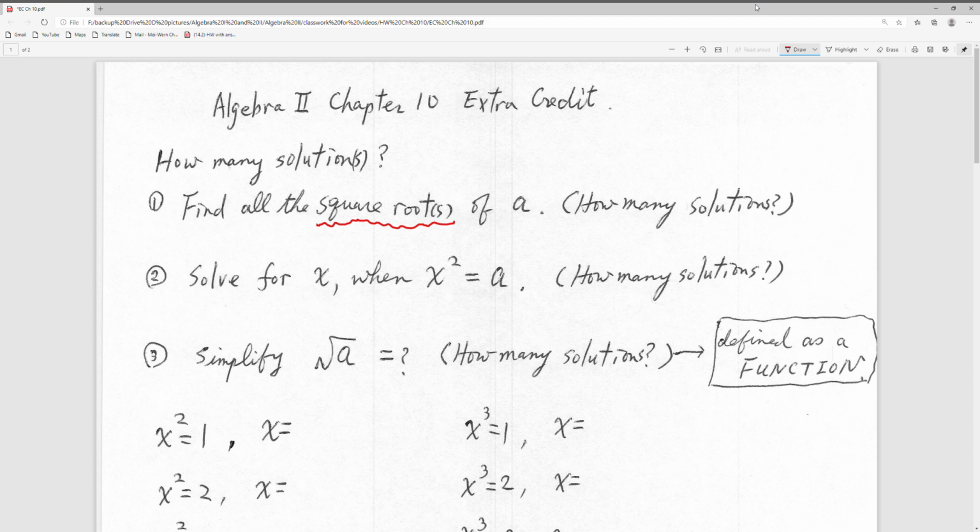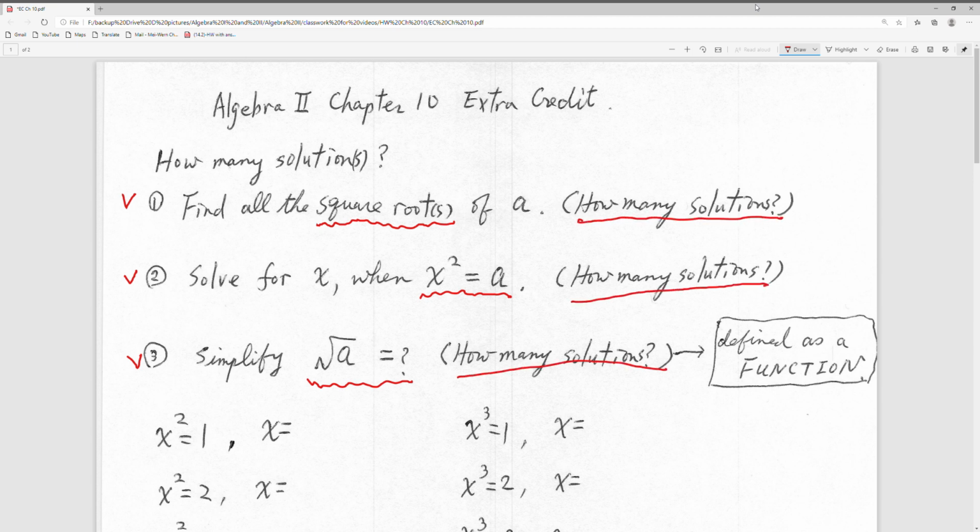But when you want to find the square root, you are going to see three different types of questions. One is they ask the question in words. The other type is they use an equation, solve for x. And the third type is they use a symbol. Now, you have to pay attention to how many solutions.